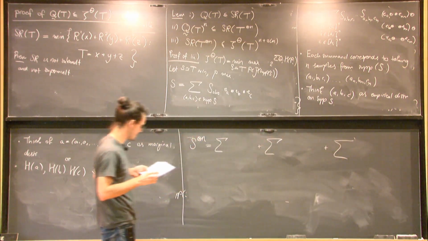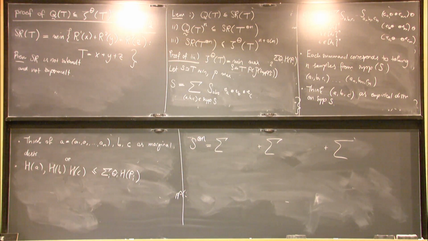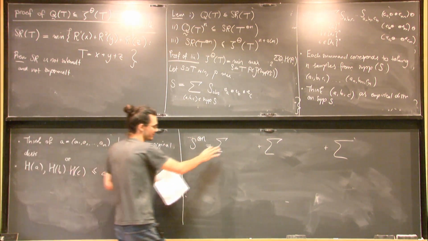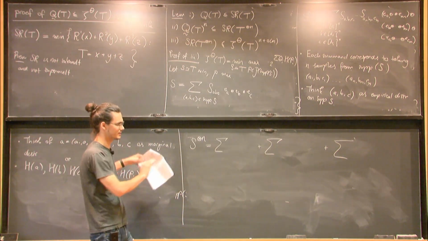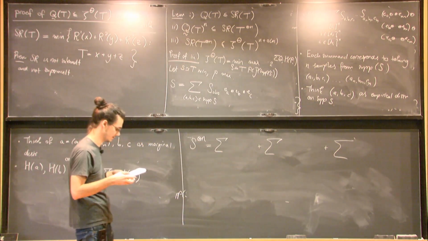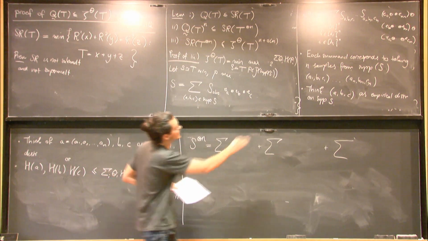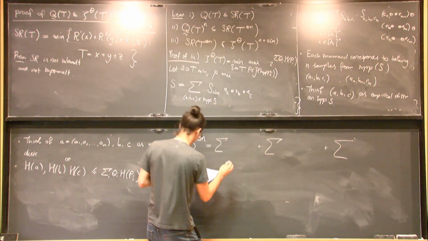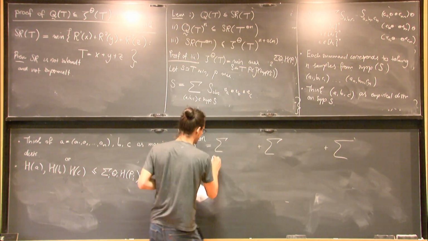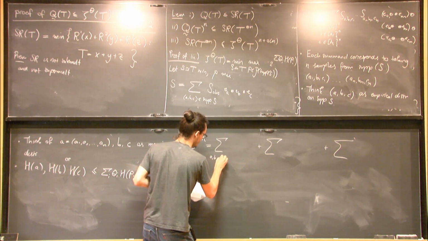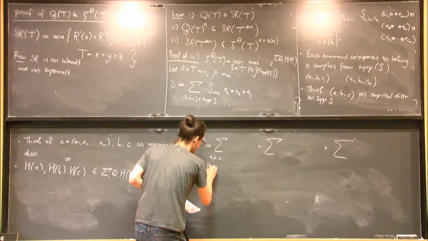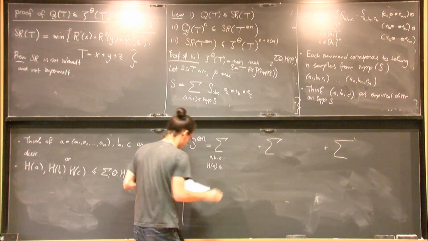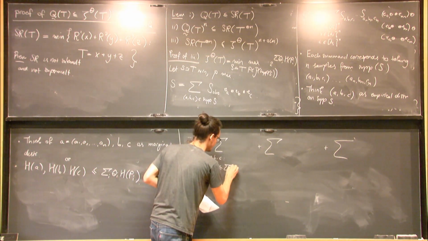The idea is that of the first sum, the first flattening rank will be small. Of the second sum, the second flattening rank will be small. And of the third sum, the third flattening rank will be small. So we take the big sum and we go over subsets of the triples ABC. What we do here is we go over the ABC for which the Shannon entropy of A is smaller than this weighted average.